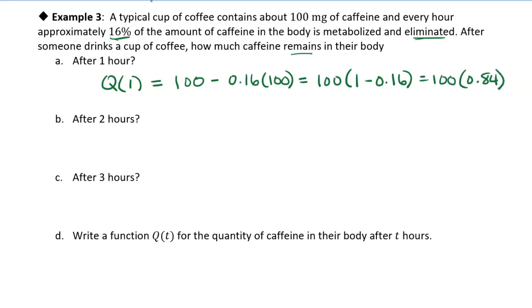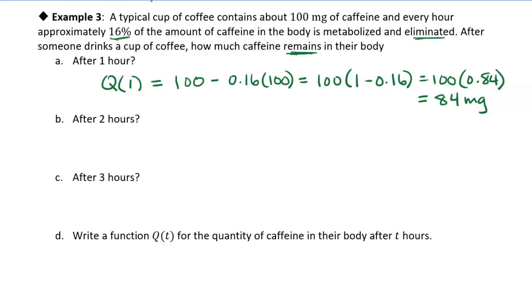Because 16% of the caffeine is leaving our bodies and we want to know how much remains, you can see that 84% of it remains. I can go ahead and calculate that, and that's pretty easy. That should be 84 milligrams of caffeine in the body after 1 hour if 16% is metabolized.